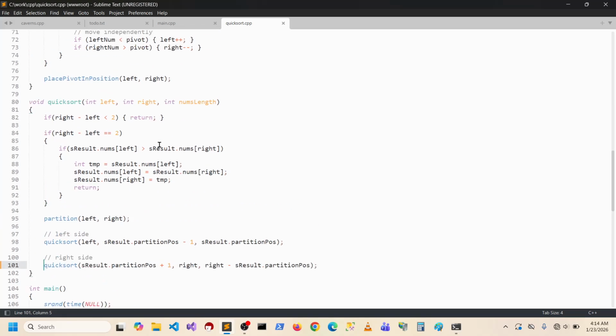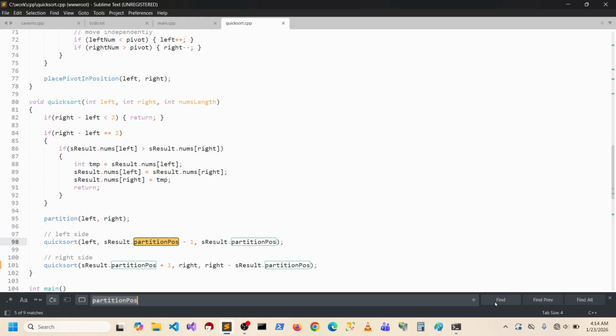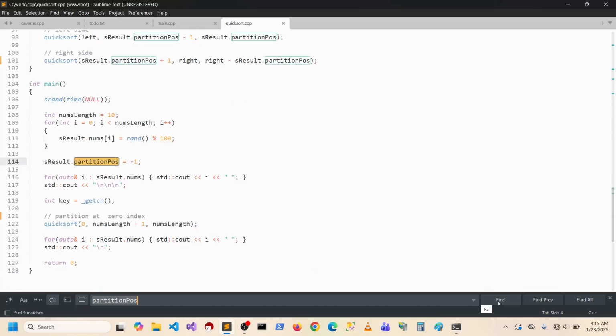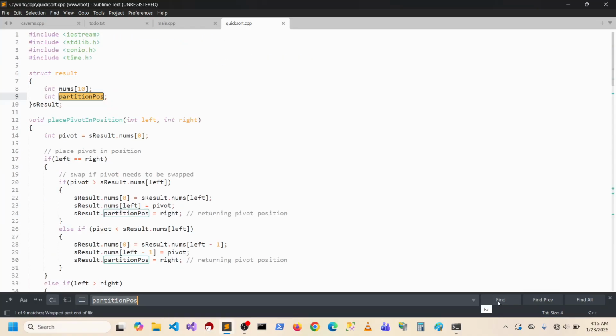Let me see where that's set at. Oh. So we start off at -1. So it looks like, because when it starts, right should be the actual index.